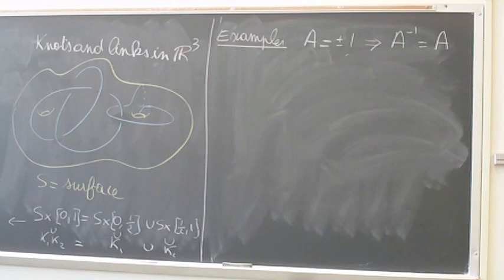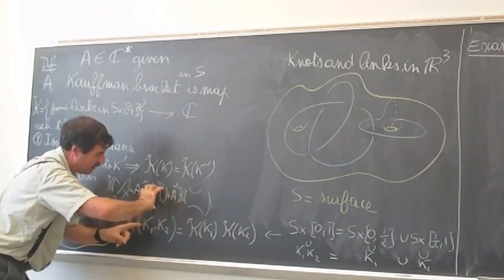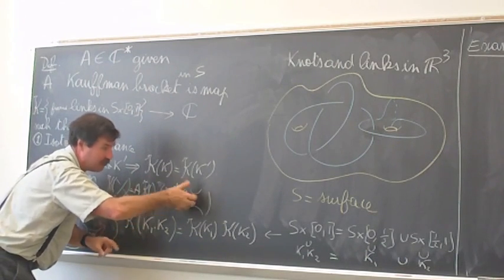What's important about A and A inverse is that these are the two coefficients here. And what's the difference between these two? One is obtained from the other by rotating.